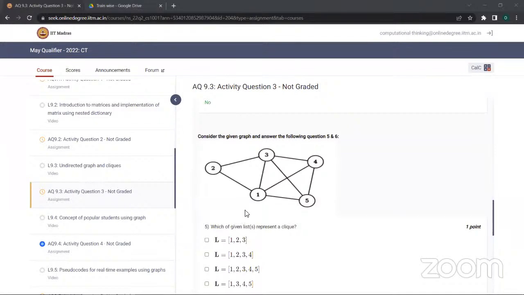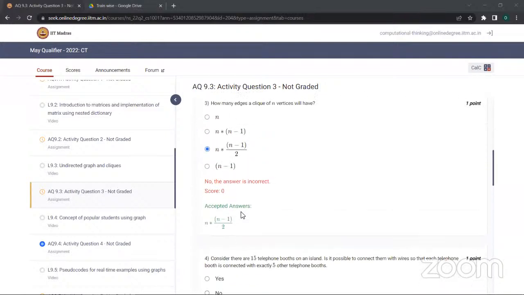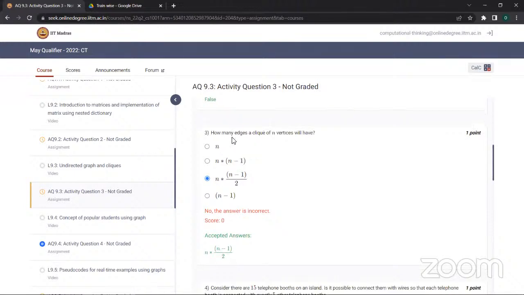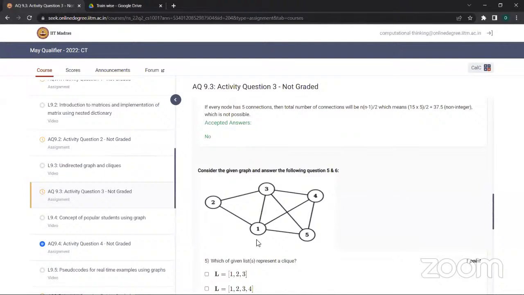Now what we are asking is how many edges a clique of n vertices will have. That means if you have n vertices, each vertex has to be connected with n minus 1 vertices. Consider this same clique again, 1, 3, 4, 5. How many edges does 1 have? 1, 2, 3.